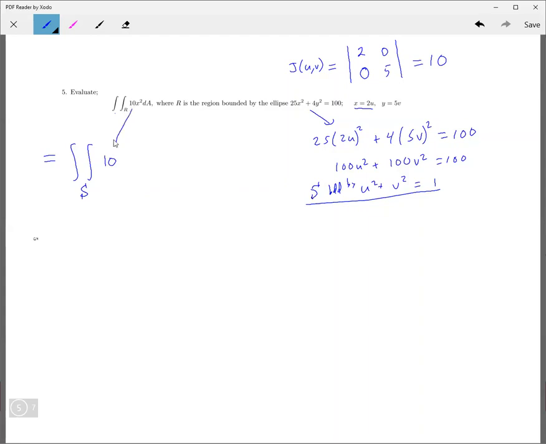We have this 10 here. The x is 2u, so that's going to be (2u) squared right there. And the dA, we need to get this thing into play, so that's 10. Okay, so 10 du dv.